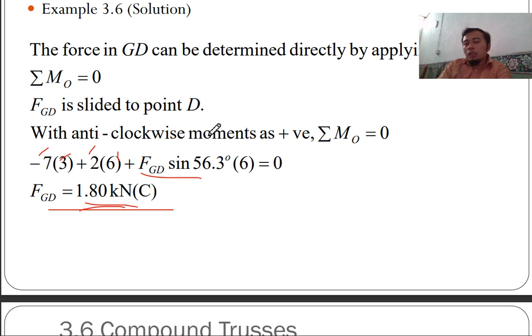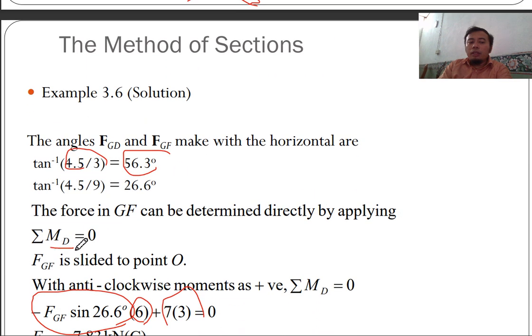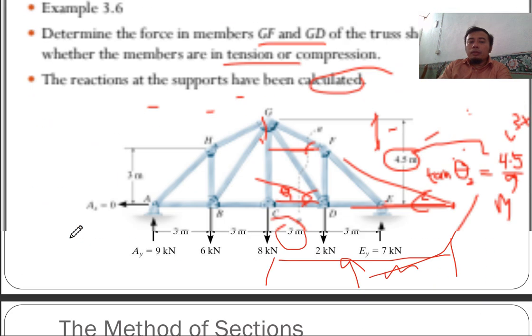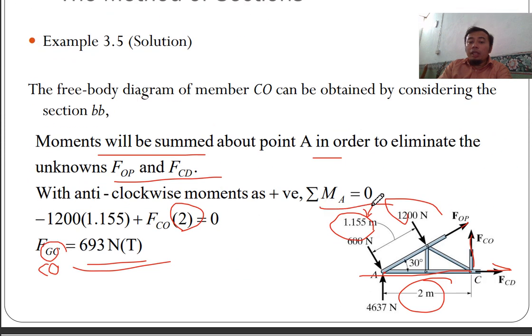So most of it uses moment, like this moment at O, and this moment at D, and also this moment at A. So basically moment can cancel out, provided that the unknown forces are in line or concurrent, heading towards the point of moment. So you don't have any moment arm for those forces.